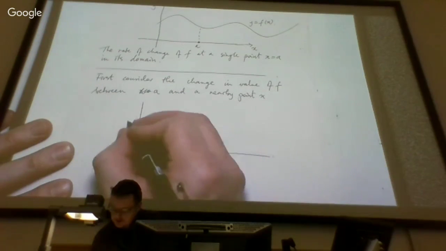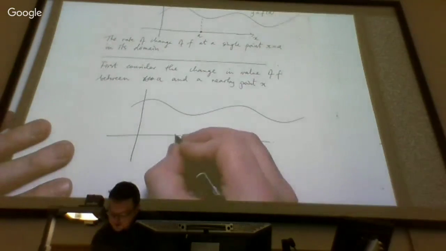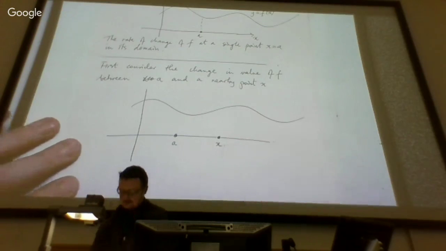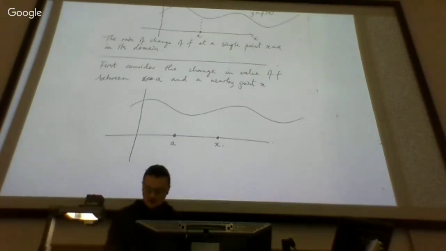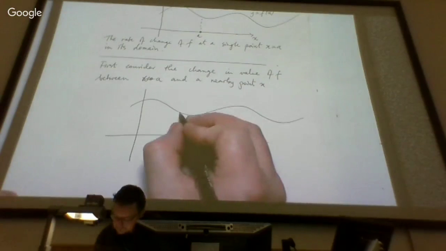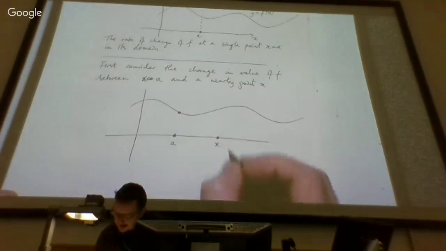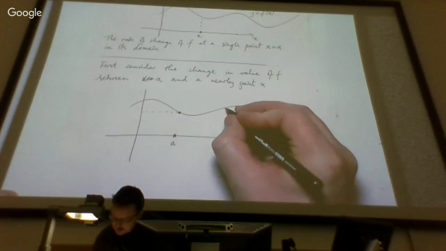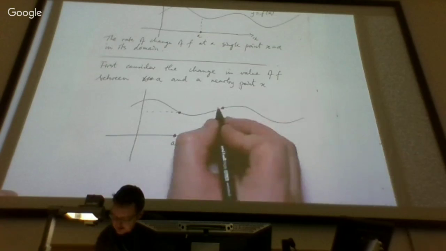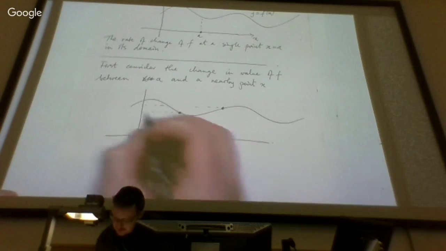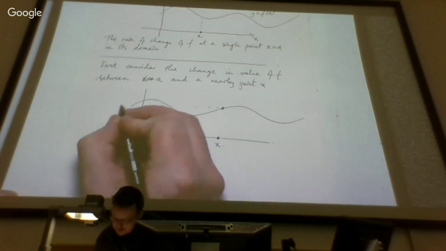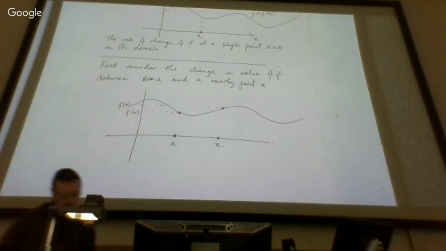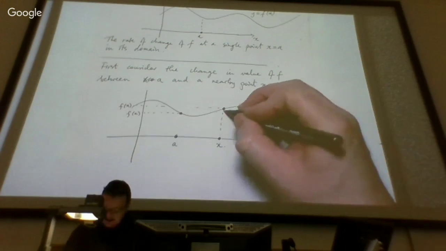So I'll do a sketch of what I mean. Here's our function. Here's our base point a, and here is a second point x, which is somewhat close to a. Here's the value of the function f at the point a, the height at this point. You've got f of a, and you've got f of x, the height of the value of the function at x.